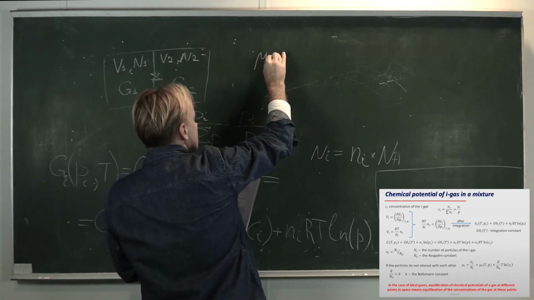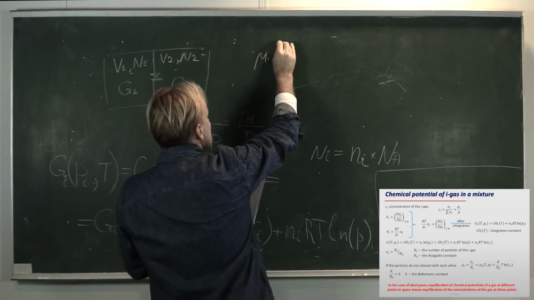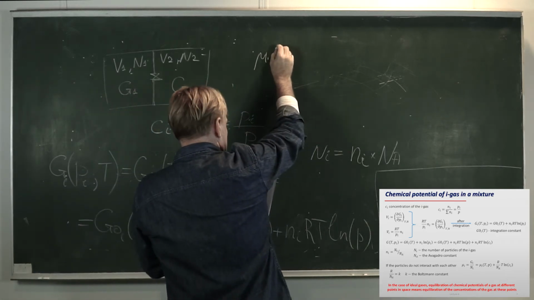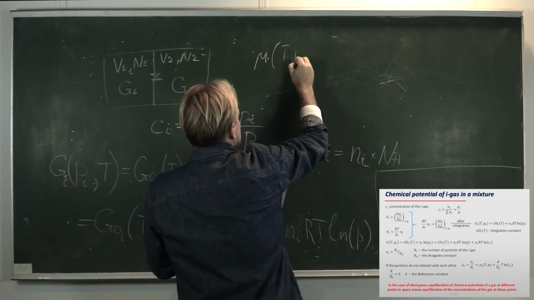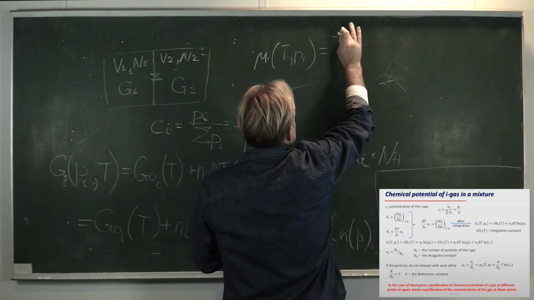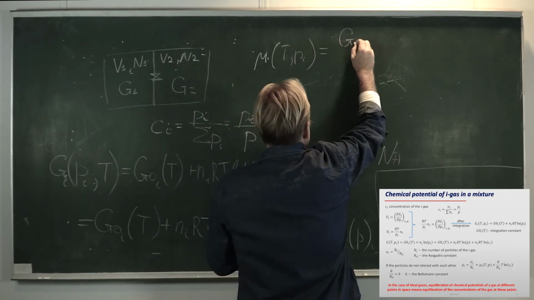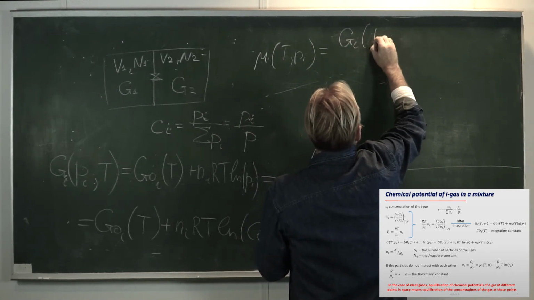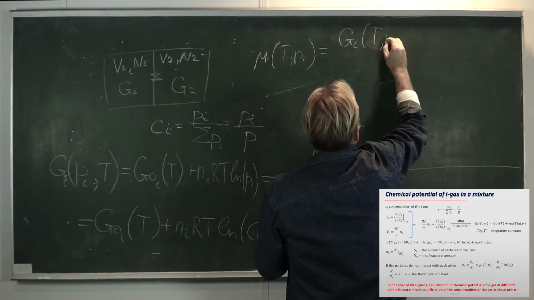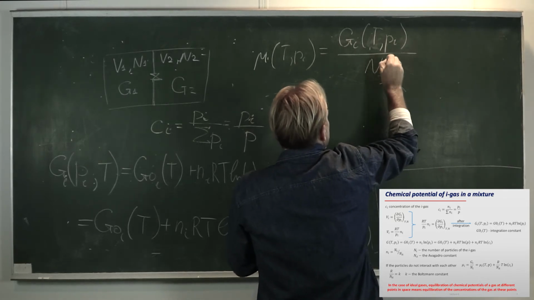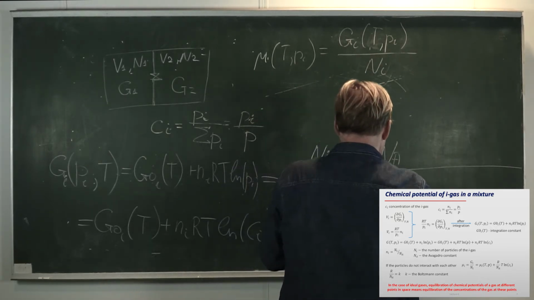And if we now want to calculate the chemical potential for the case of this gas, it would be just the Gibbs function divided by the number of particles.